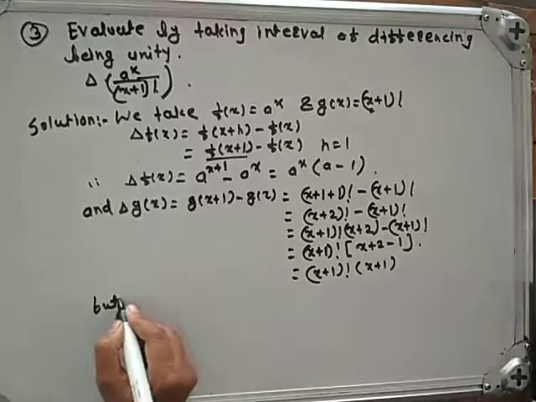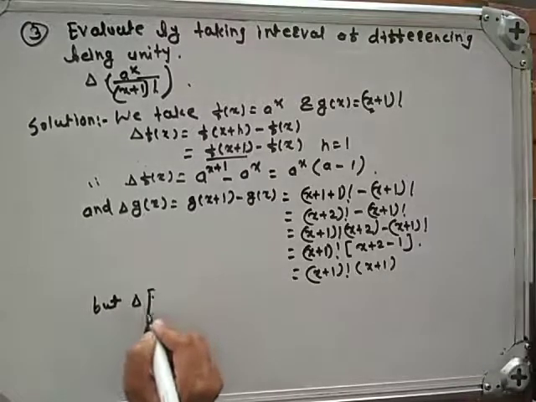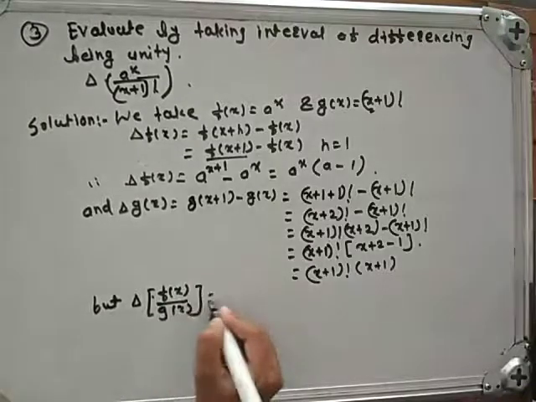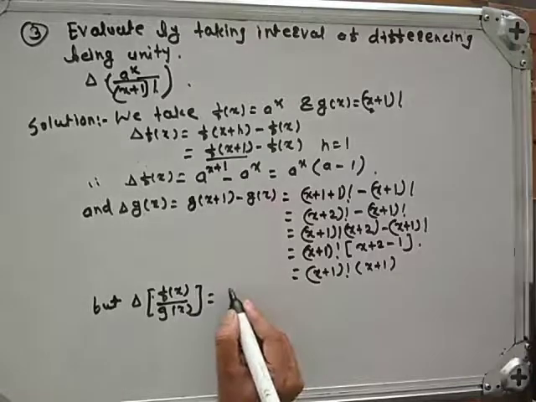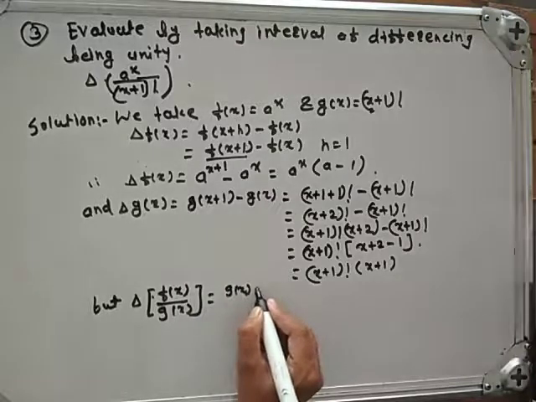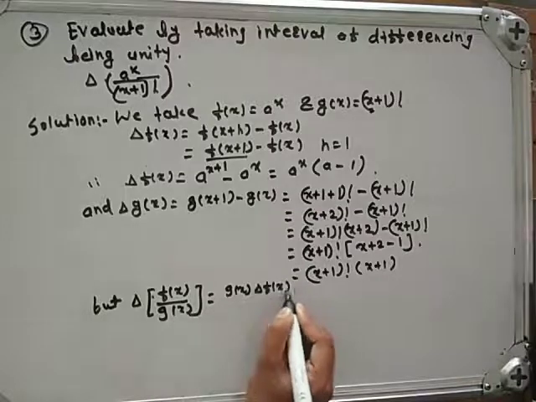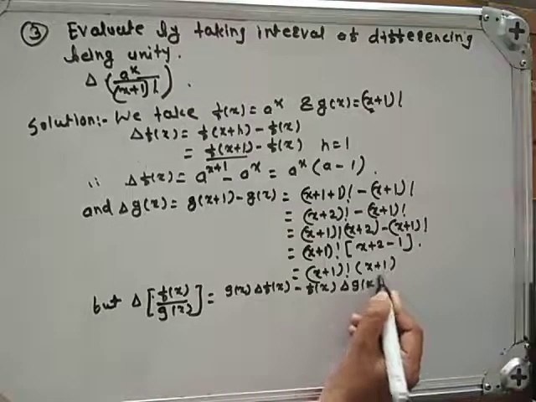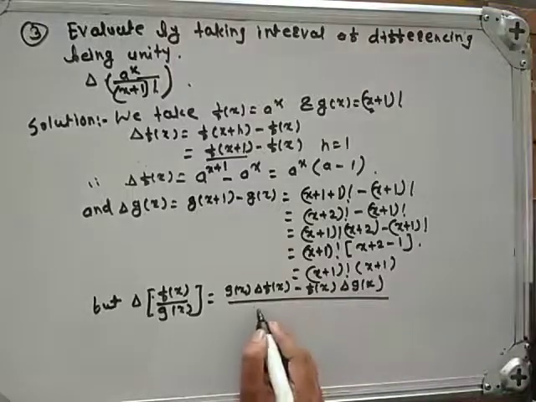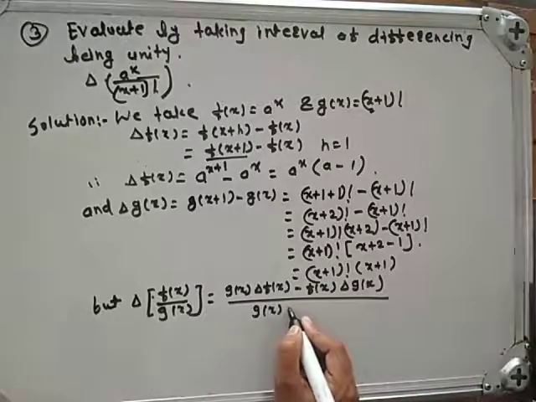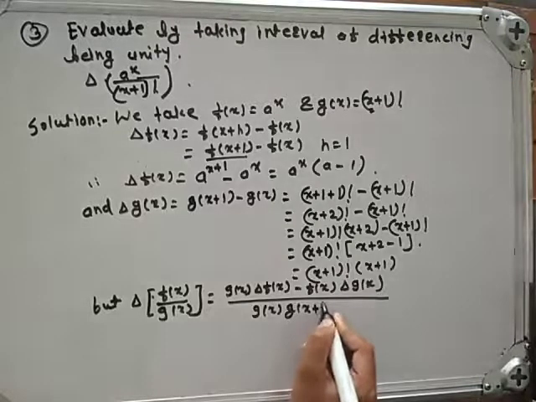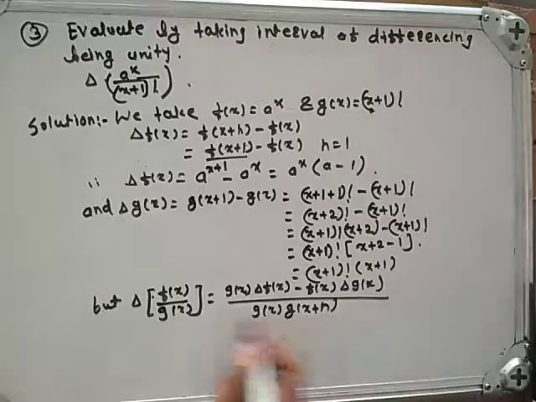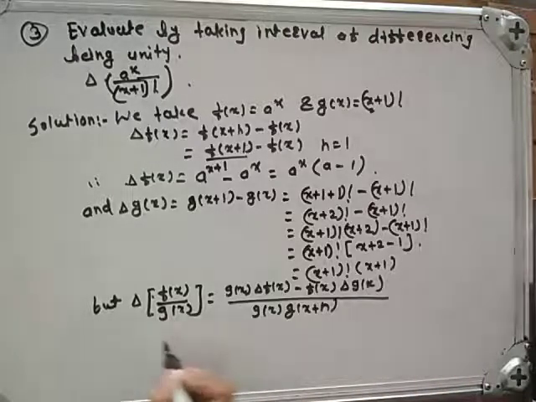But we have already seen that delta of f of x upon g of x is nothing but g of x into delta f of x minus f of x into delta g of x upon g of x into g of x plus h. H is the interval of differentiation and here h is 1.